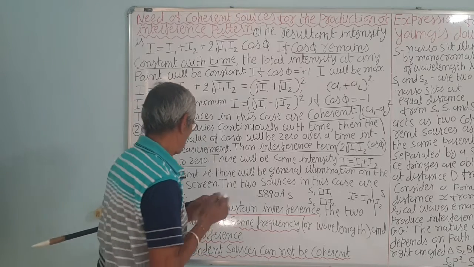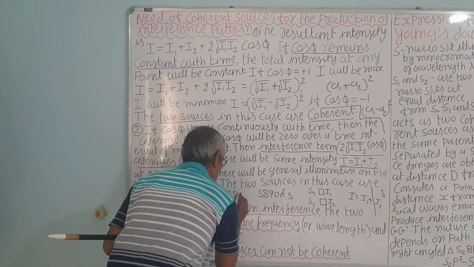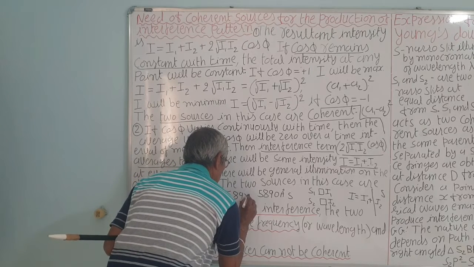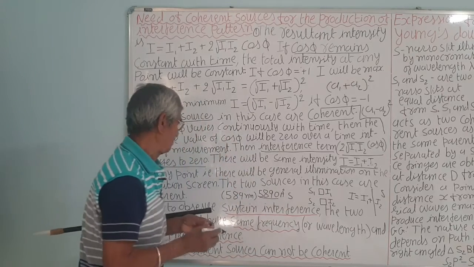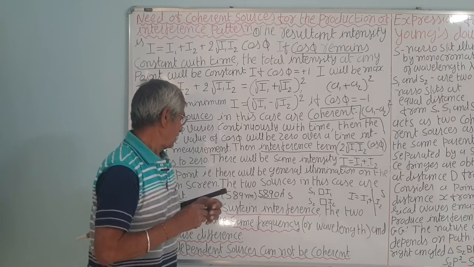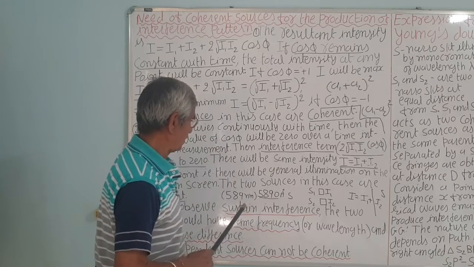Correct? Nanometer is 10 raised to minus 9, Angstrom is 10 raised to minus 10. So, 1 nanometer is equal to 10 Angstrom units. Angstrom is smaller than the nano.